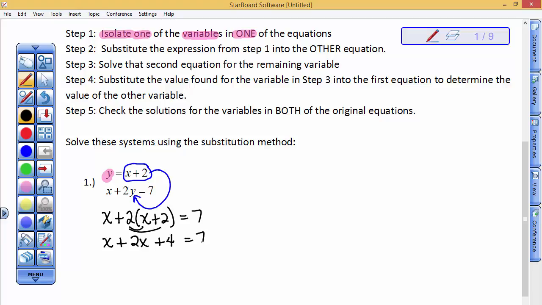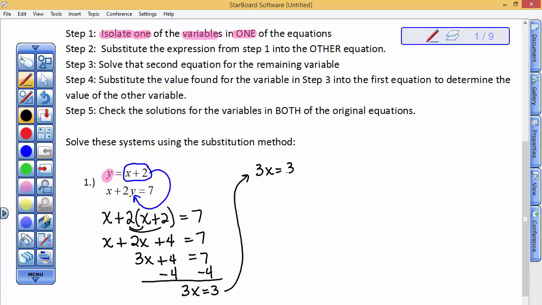I have 3x plus 4 equals 7. I'll subtract 4 from both sides. I'm running out of space. So I'll have 3x equals 3. And then when I take 3x equals 3 and I divide both sides by 3, I'll have x equals 1.